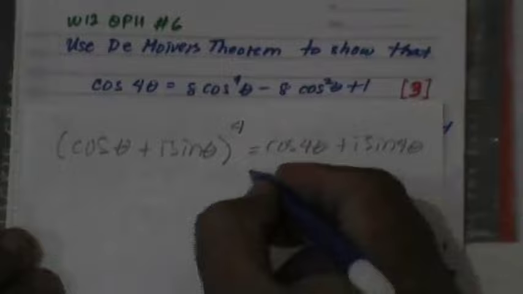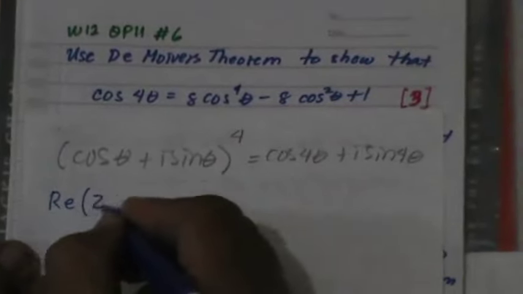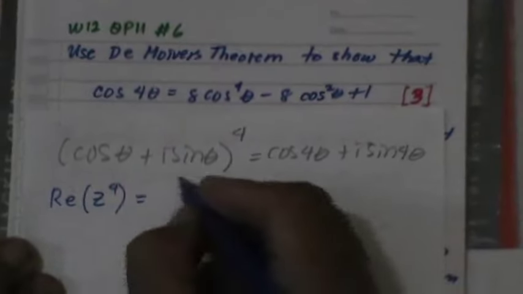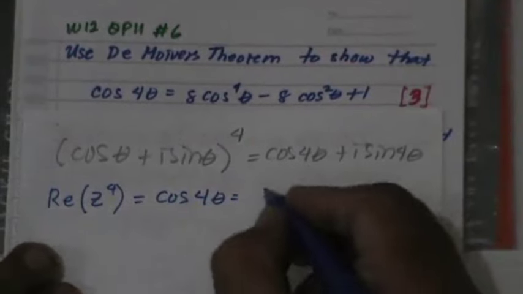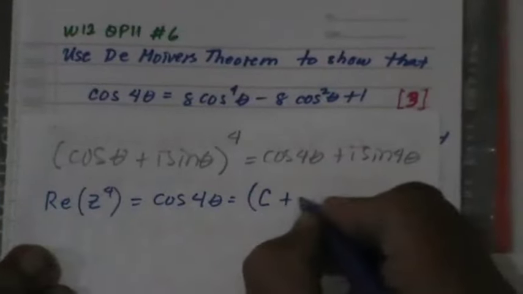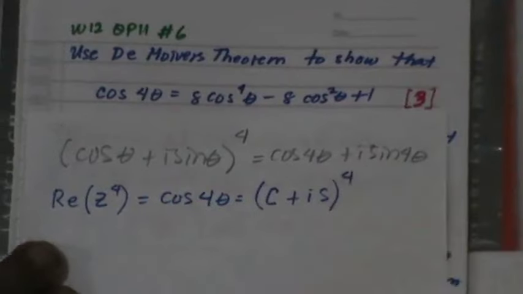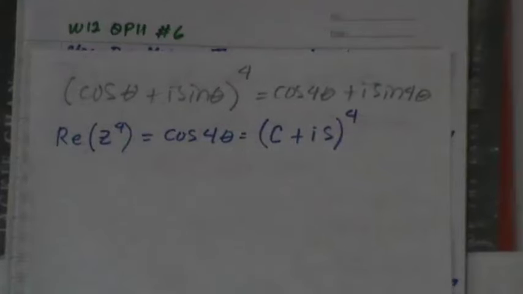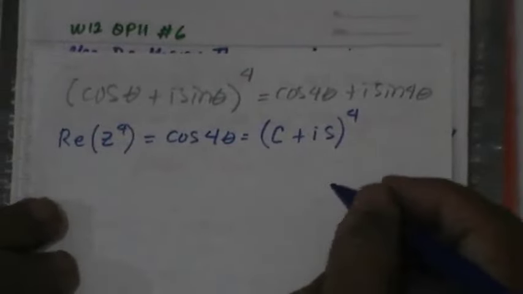We can expand this now, and what we're interested in is the real part of z to the 4, which is cosine of 4 theta. For computation purposes, let's use c for cosine and s for sine. We have this raised to the 4, so let's use the binomial expansion, which for the 4th power is 1, 4, 6, 4, 1.